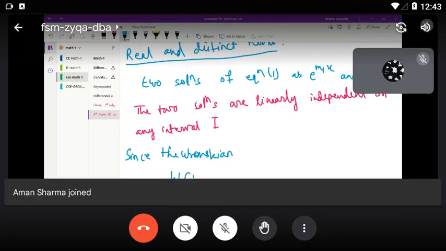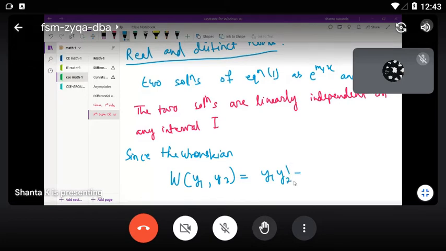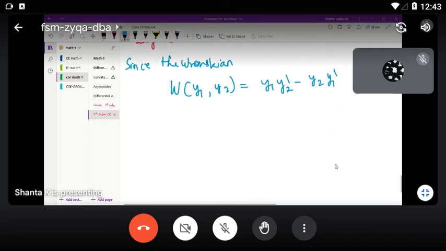The Wronskian is y1 y2 dash minus y2 y1 dash, so that is m2 e power m1x e power m2x minus m1 e power m1x e power m2x, because y1 is e power m1x and y2 is e power m2x.